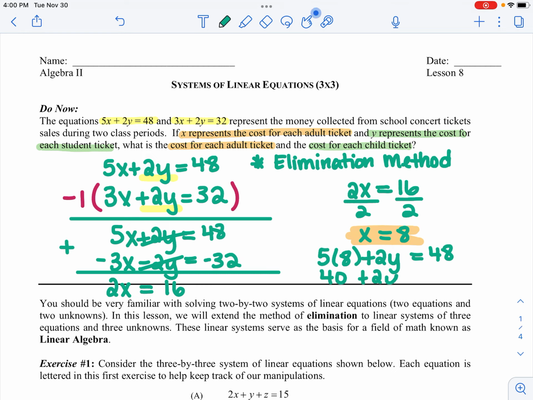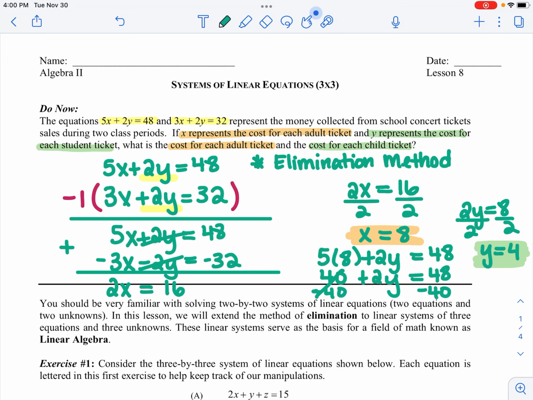Solving for y, subtract 40 from both sides. I get 2y is equal to 8. So y is equal to 4. And again, y represented the cost of our child ticket.